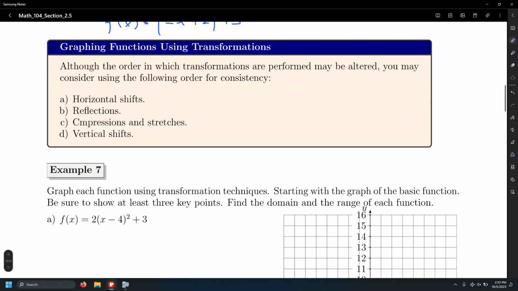Usually we do the horizontals and then reflection. This order is not wrong, it's just not the order I would have wanted. Just scrap that part and let's follow the order we sketched earlier in the previous example.